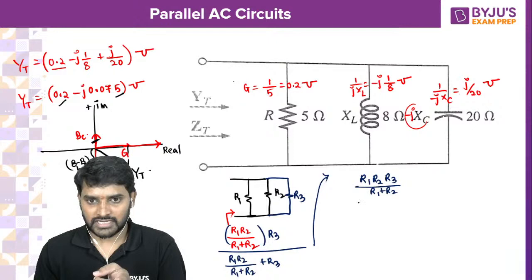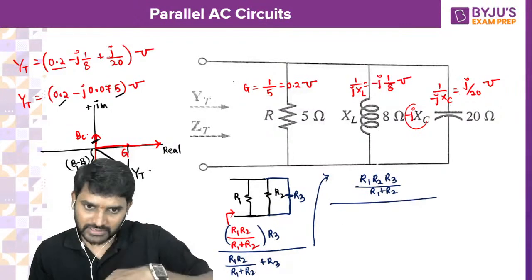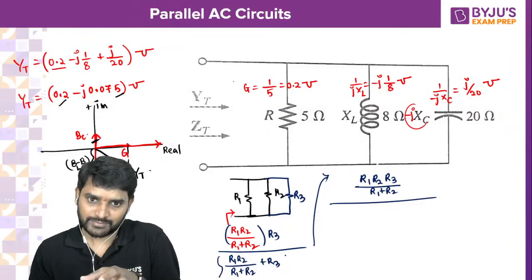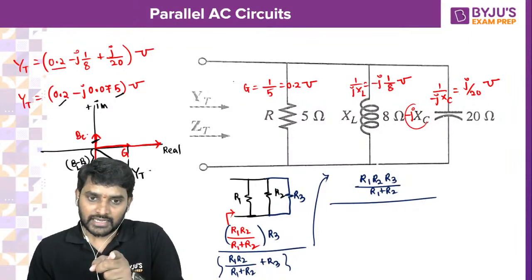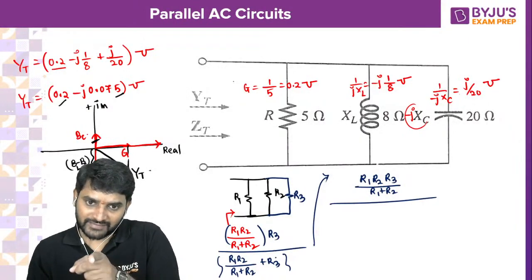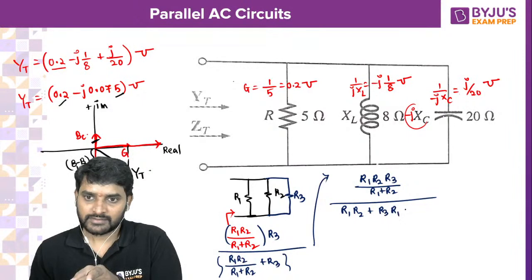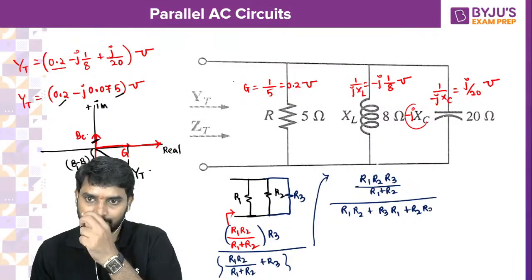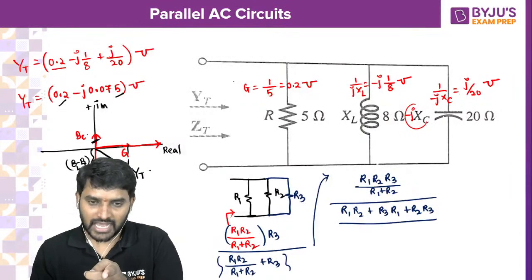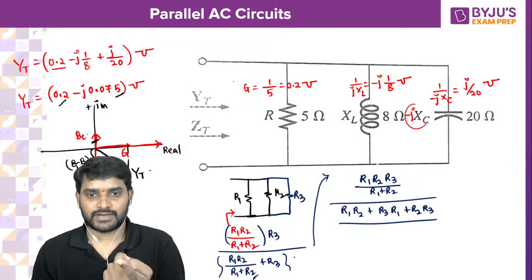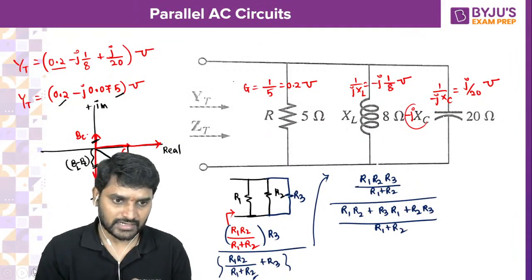Now the actual numerator term I am simplifying. R1 R2 multiplied with R3, plus R3 into R1 plus R2 into R3 divided by R1 R2, and that is R1 plus R2.